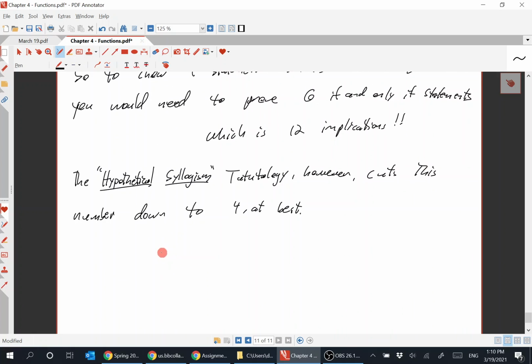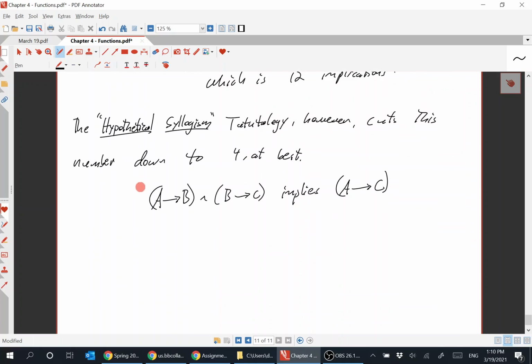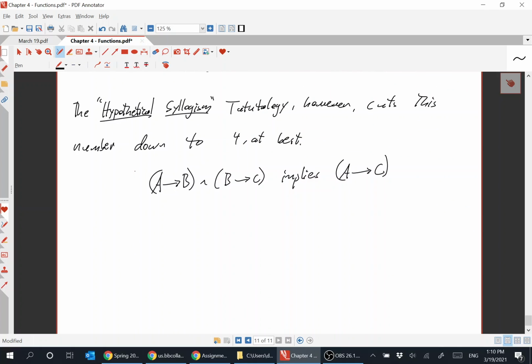So a hypothetical syllogism is this: whenever A implies B and B implies C, that's it implies, not logically equivalent to, A implies B and B implies C implies A implies C. So whenever you have 2 implication statements like this going through B, it gives you the third.